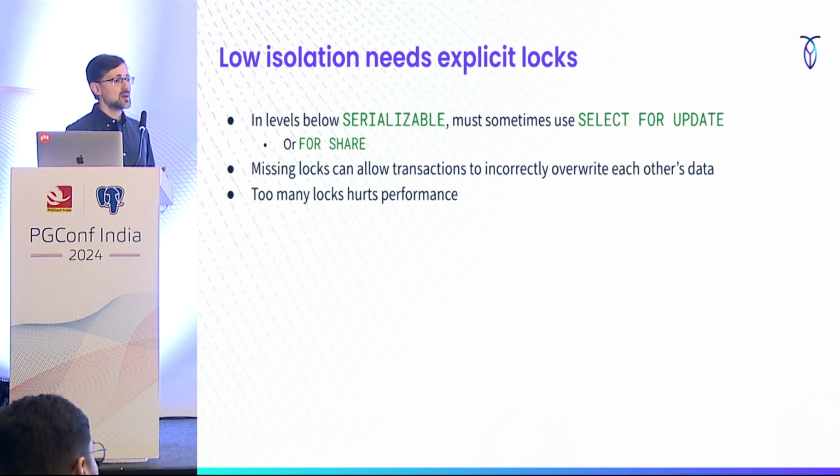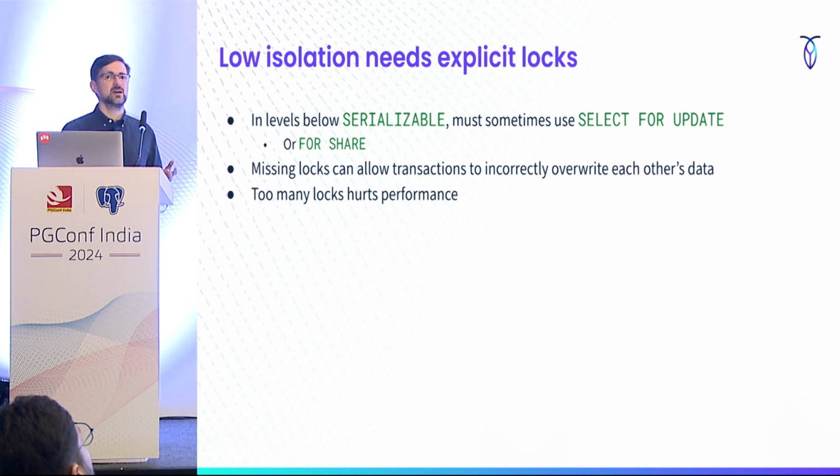On the other hand, having too many locks can hurt performance because the transactions start to block each other out, and that reduces your concurrency. And so it's a balancing act. You've got to think carefully about where the locks are required so that you have enough to make your application correct, while still not doing so many that it hurts performance.